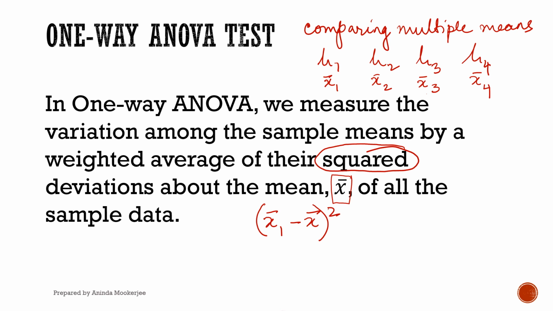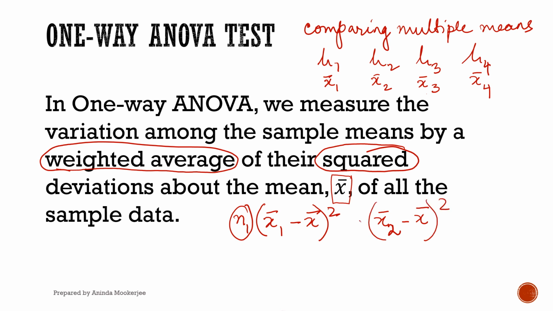And we also take the weighted average of it. And what is the weighted average? The weighted average is n sub 1. It's based on their sample size. And similarly, we also find x bar 2 minus x bar, squared, multiplied by the sample size of the second sample, all right?